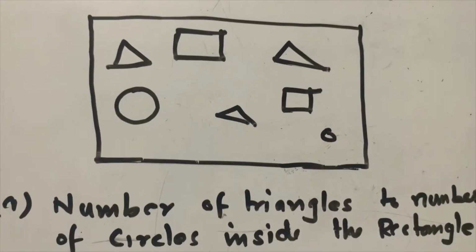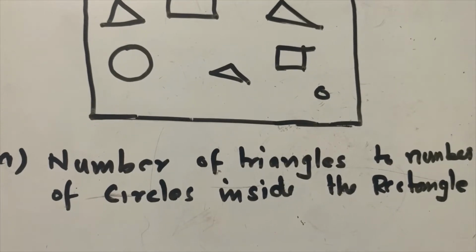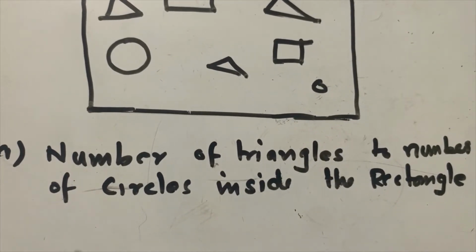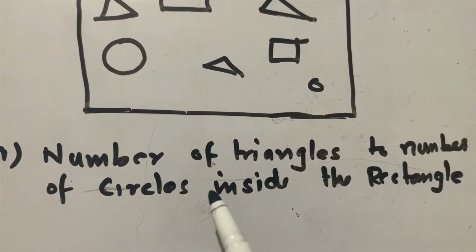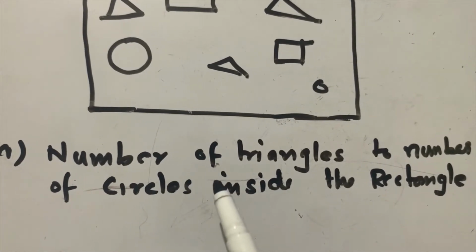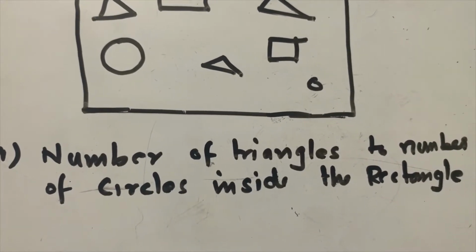Now the first question is to find the number of triangles. Find the ratio between number of triangles to number of circles inside the rectangle.